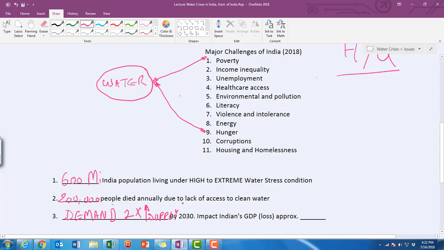And that is going to impact India's GDP, and it's been predicted to be approximately a 6% loss. So you can see how important it is to learn about water management, and how important it is to learn about water scarcity in India.